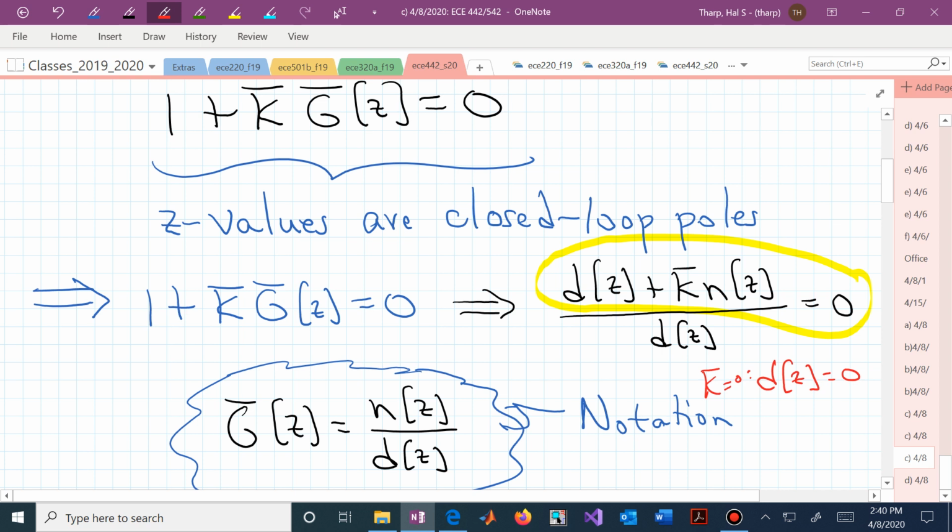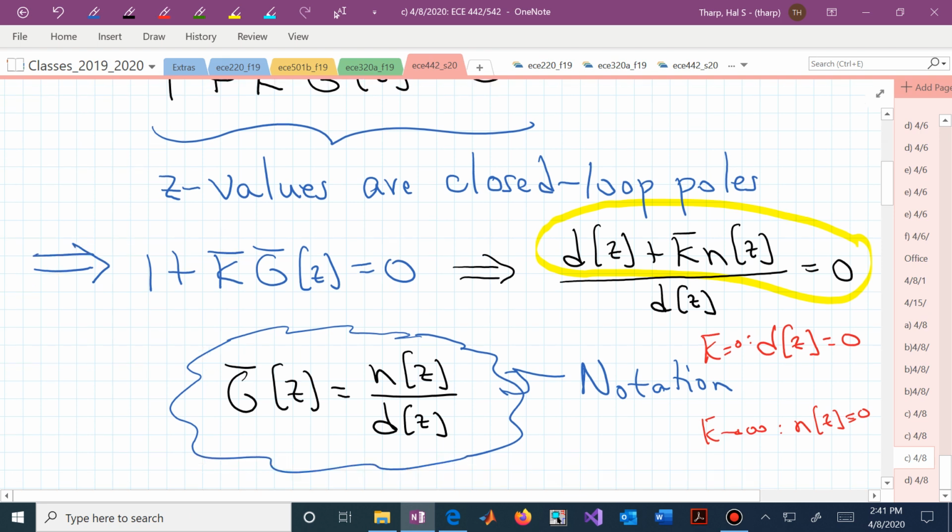As k bar gets really, really big, as k bar goes off to infinity, the second term on the left side is going to dominate, and that will correspond to values of z that cause n of z to equal 0. And as k bar varies from 0 to infinity, between those two extremes, the values of z that cause that to vanish will produce these root locus diagrams.